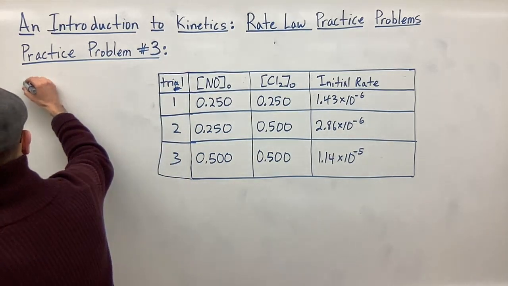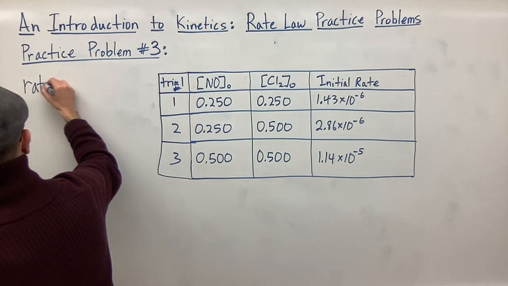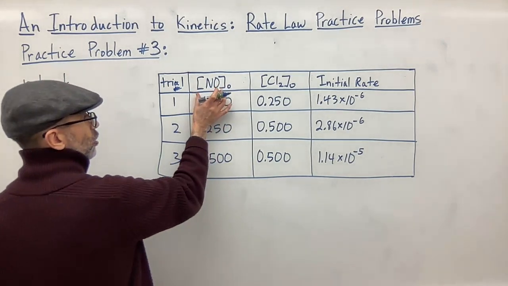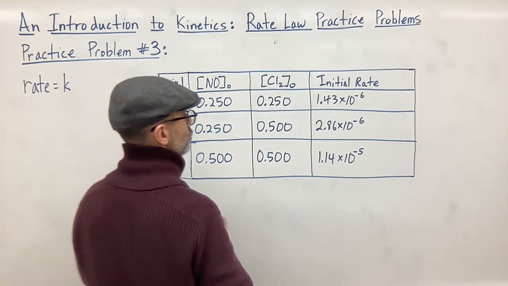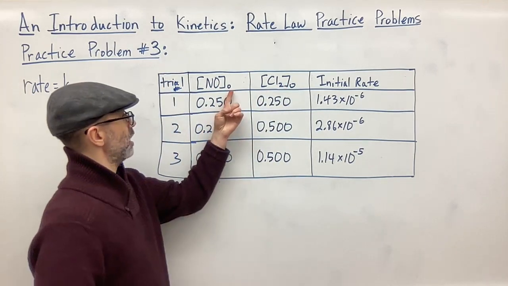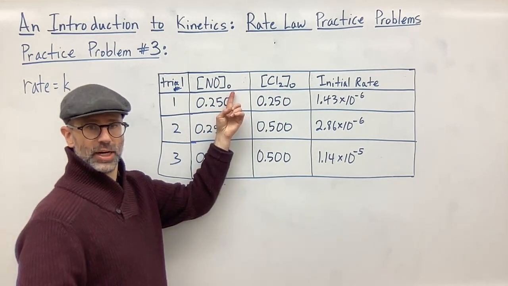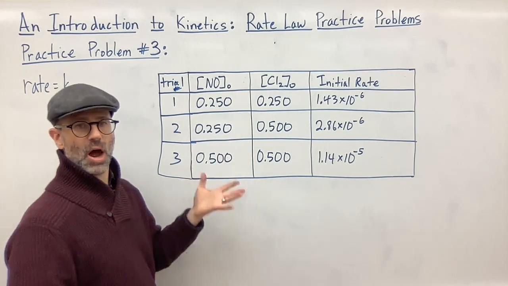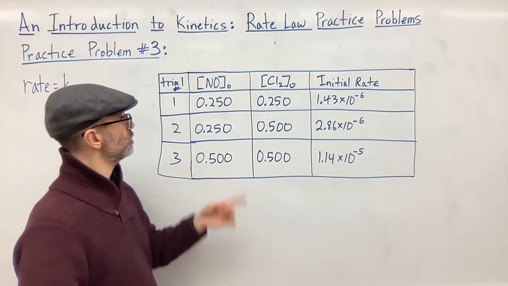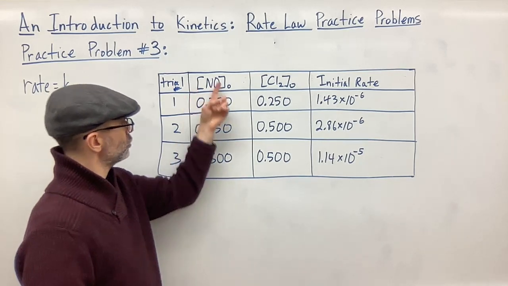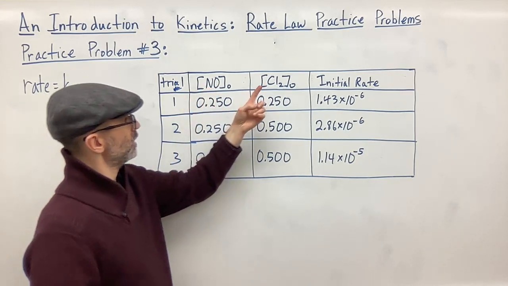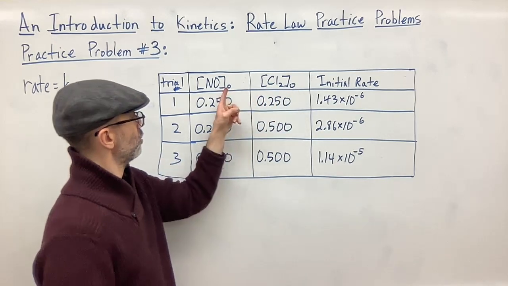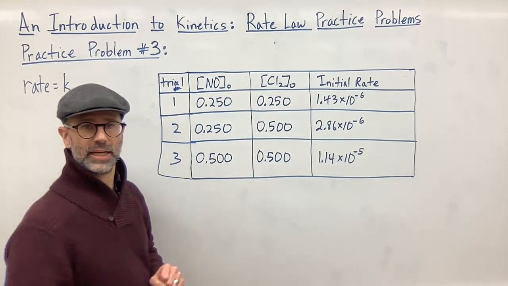So the rate expression is, again, rate is equal to k. And here we have NO concentration and Cl2 concentration. And just to point out that the zero at the end here means not, or the initial. So this would be the initial concentration of NO, the initial concentration of Cl2. So that's what that zero at the bottom indicates.